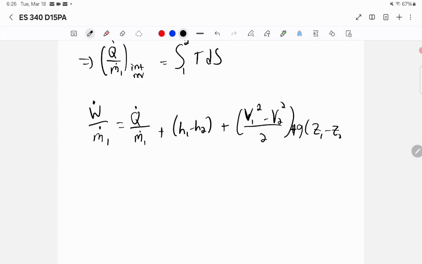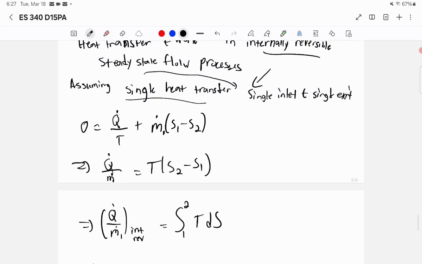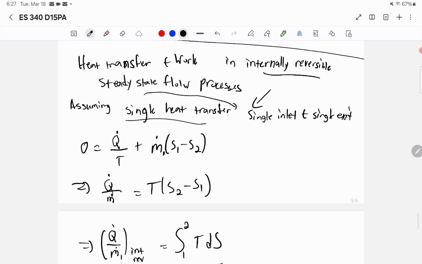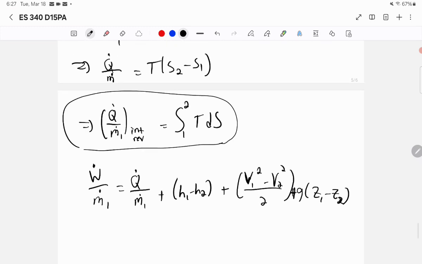Z1 minus Z2. Because obviously then you would have multiple terms that get added and subtracted here, so you have to be careful there. But we'll just make the assumption of single inlet, single exit, because that's what most of the problems are going to look like. Well, if it's internally reversible, again, we're going to have a case where this is true, right? Because internally reversible means that sigma term went away, so this must be true for the Q.